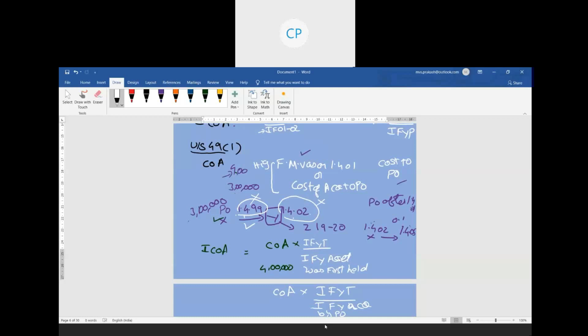So based on this, we are calculating your indexed cost of acquisition as per Income Tax and as per Bombay High Court.